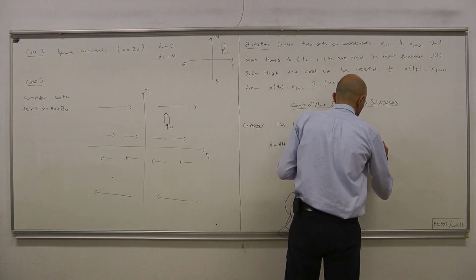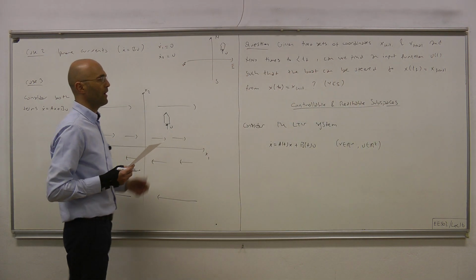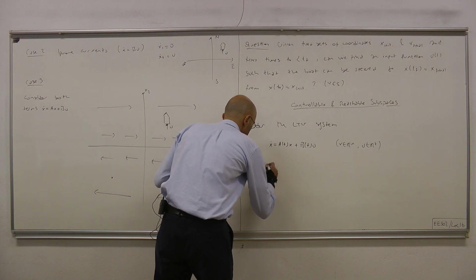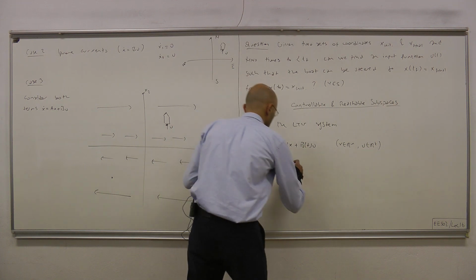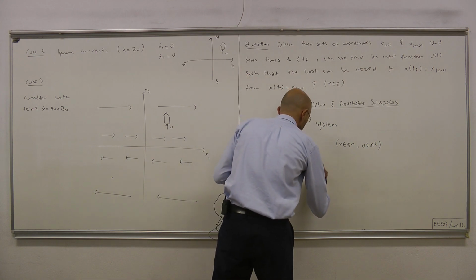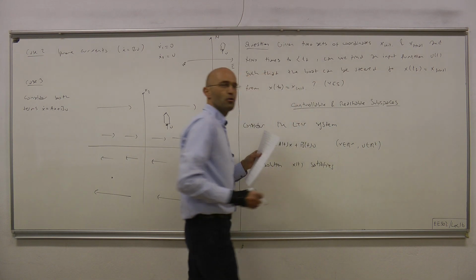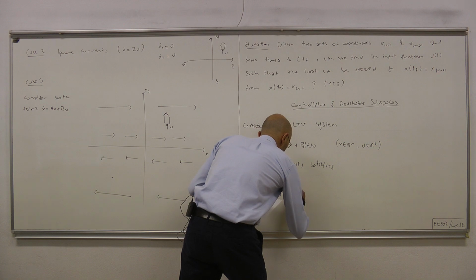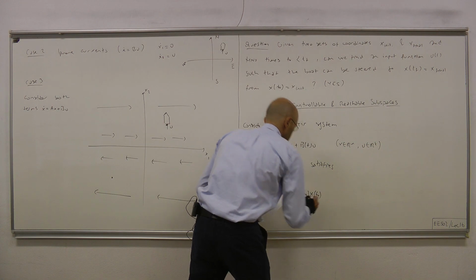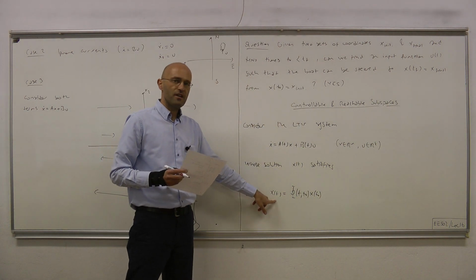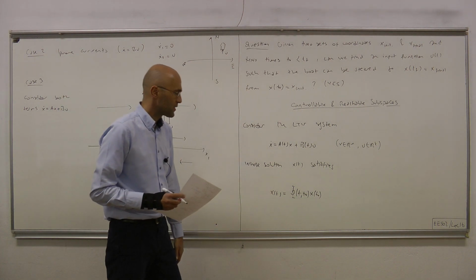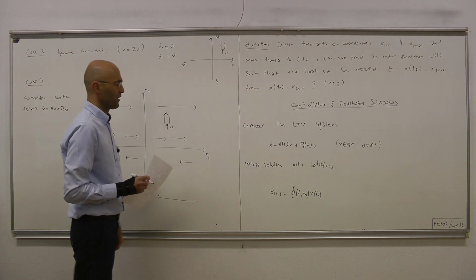Suppose that the input is represented by a vector of size k, whose solution x(t) we know to satisfy the following: x(t) equals phi(t, t0) x(t0). This is the solution if you set the input to 0, where phi is the state transition matrix, times the initial condition.